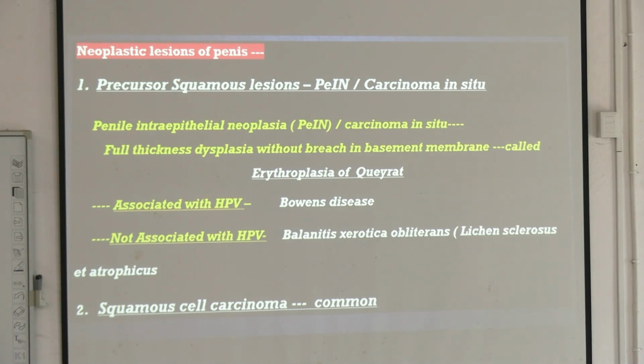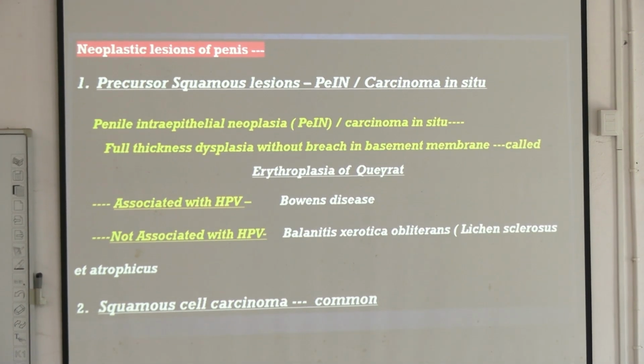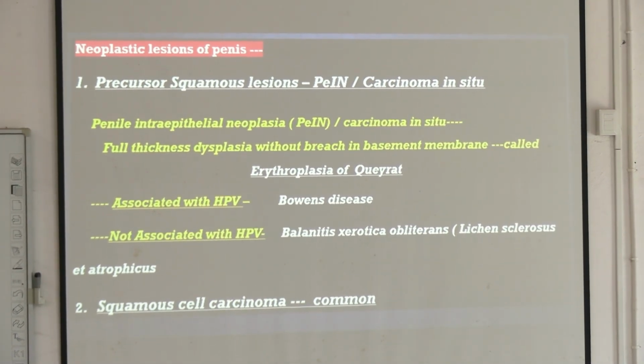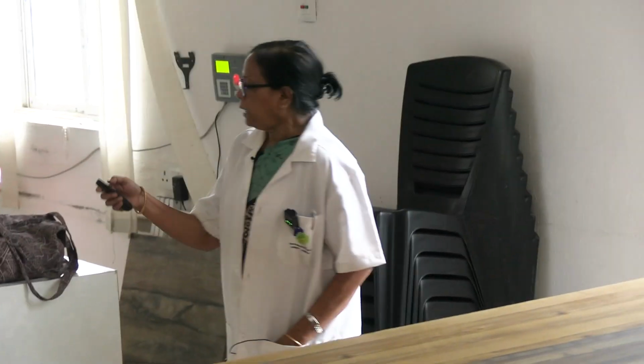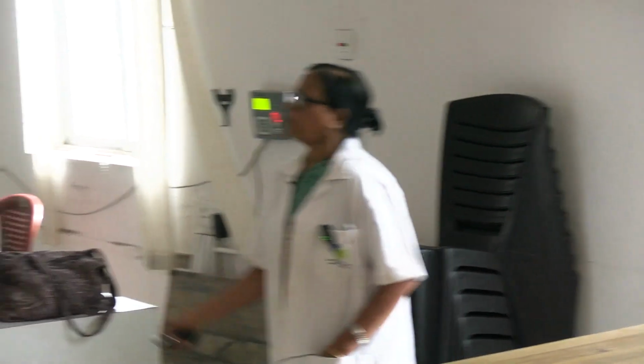If it is associated with the HPV virus, it is called Bowen's disease. Full thickness without any invasion, that is Bowen's disease associated with HPV, and not associated with HPV are Balanitis Xerotica Obliterans or lichen sclerosus et atrophicus. Only the nomenclature, some short notes and some MCQs they will ask, and the invasive one is called squamous cell carcinoma.